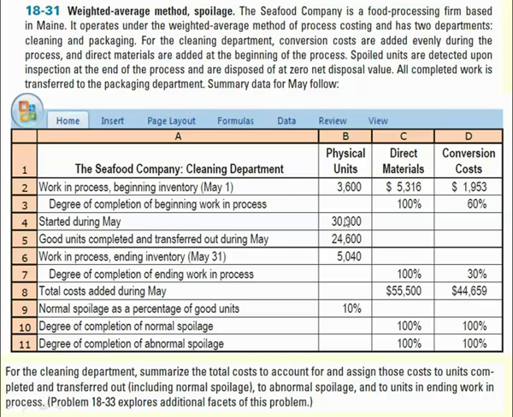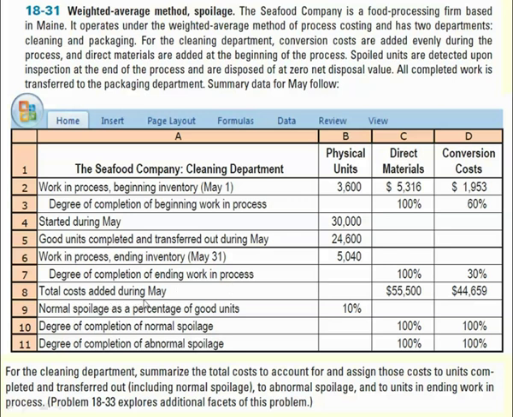Units started during May, 30,000 units. Good units completed and transferred out during May, 24,600. Work in process ending, 5,040. Degree of completion of ending work in process is 100% for direct materials and only 30% for conversion.